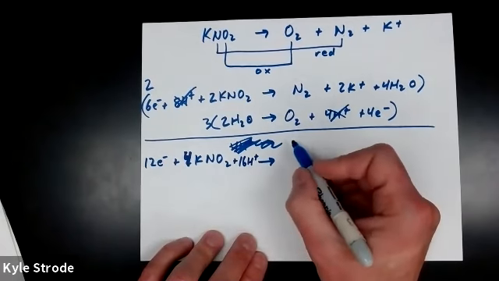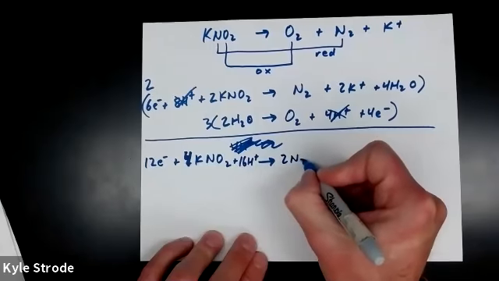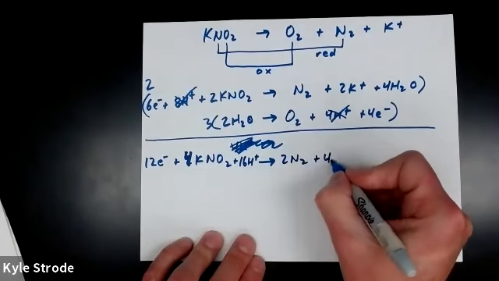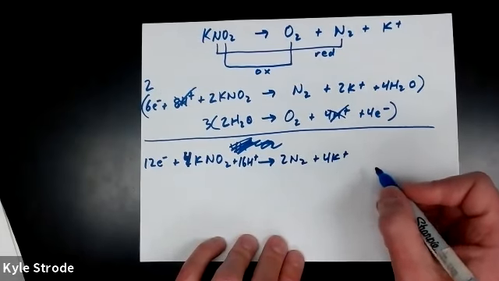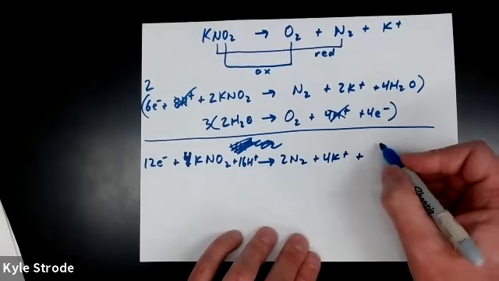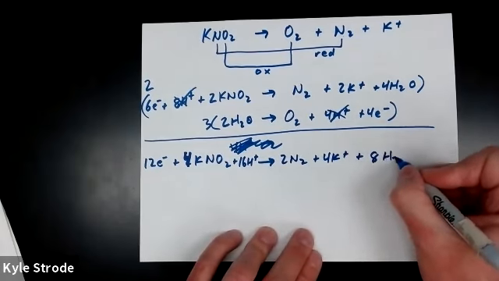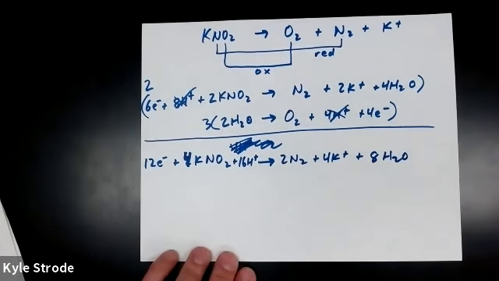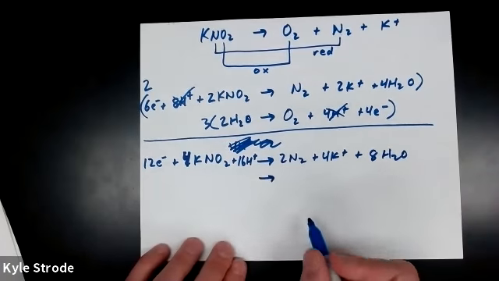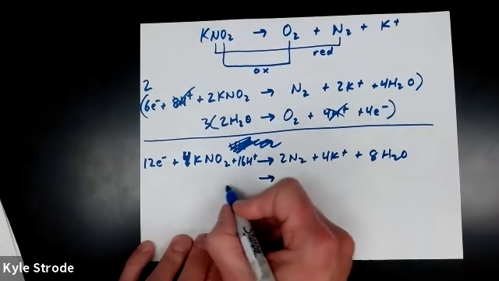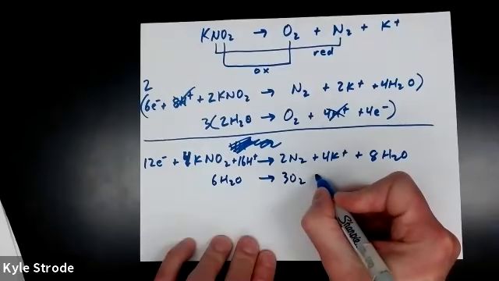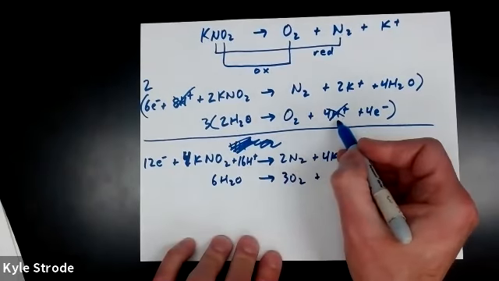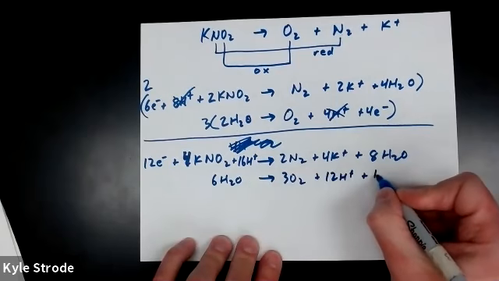Then I'm going to make 2 N2s, and then 4 K plus, and then 8 waters. Let me check my own work to make sure I'm not making any more mistakes. Okay, that looks good. Now I'm going to do this bottom reaction multiplied by 3, so I have 6 waters, make 3 O2s, and 3 times 4 H pluses is 12 H pluses, and 12 electrons.